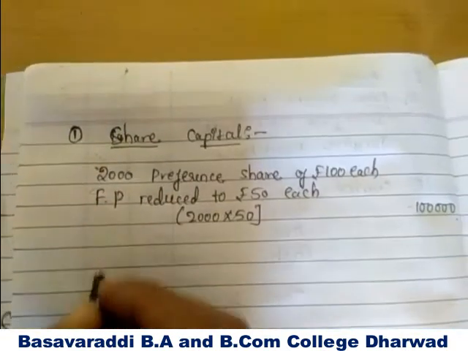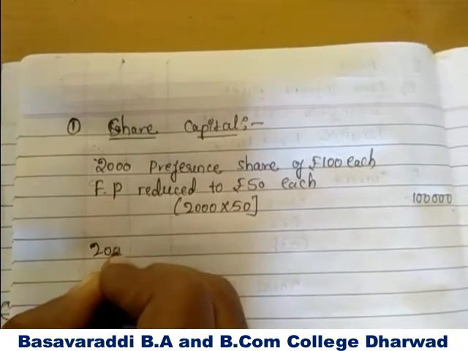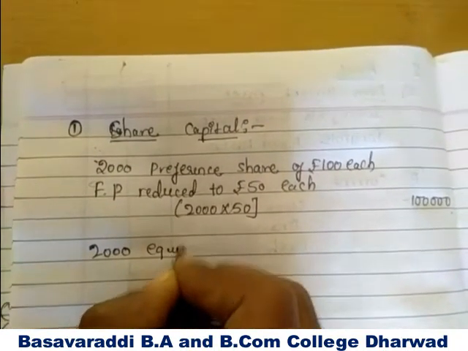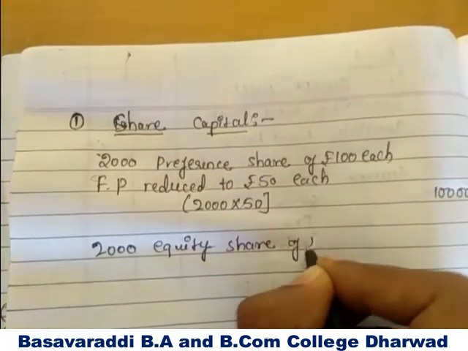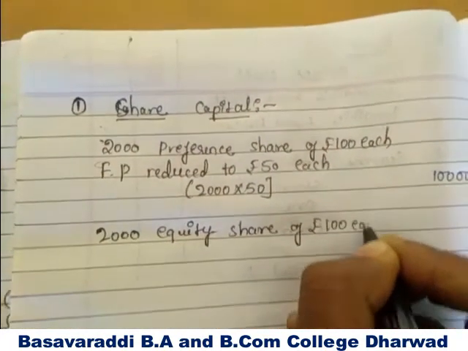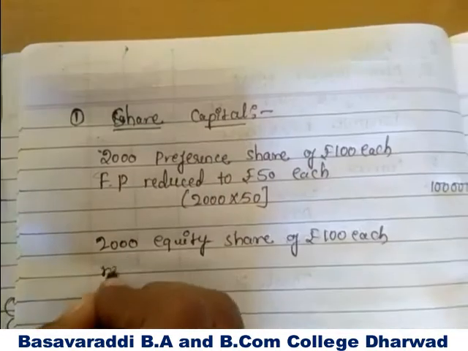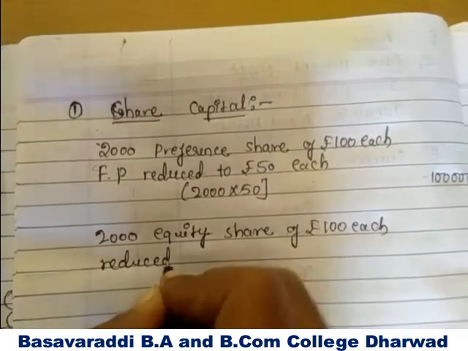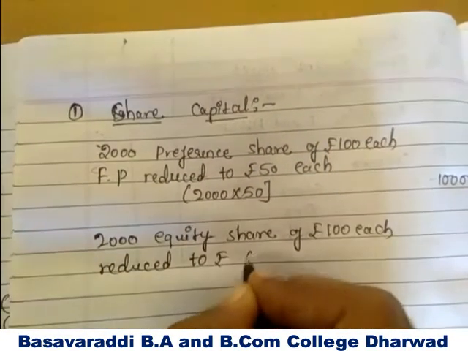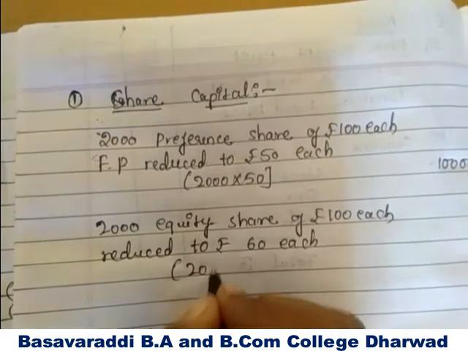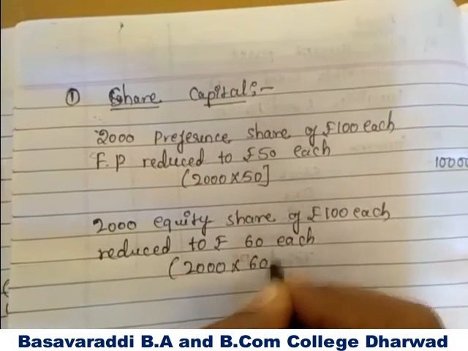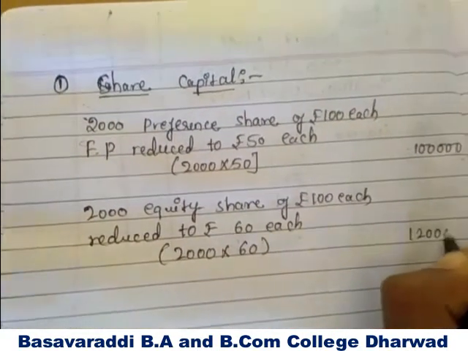Same thing, 2000 equity shares of rupees 100 each, reduced to rupees 60 each. 2000 into 60 is equal to 1,20,000.